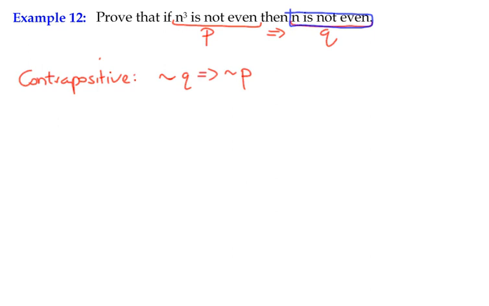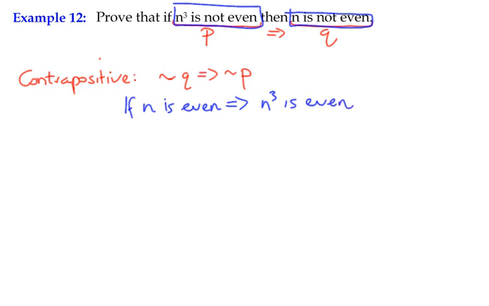So we're saying here that if n is even, it implies that our second statement, n cubed is not even, is negated: n cubed is not odd, or n cubed is even.